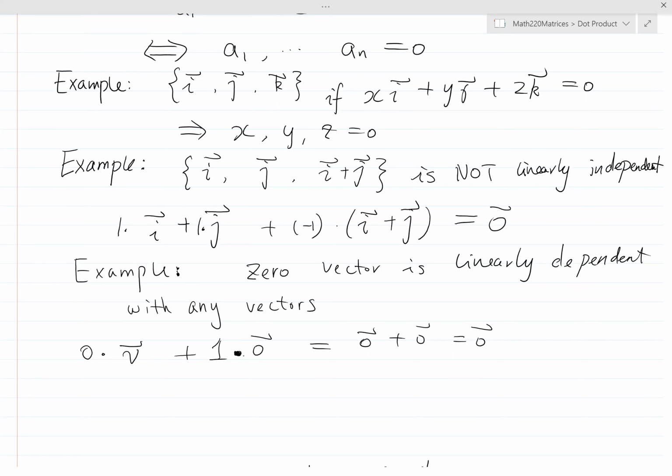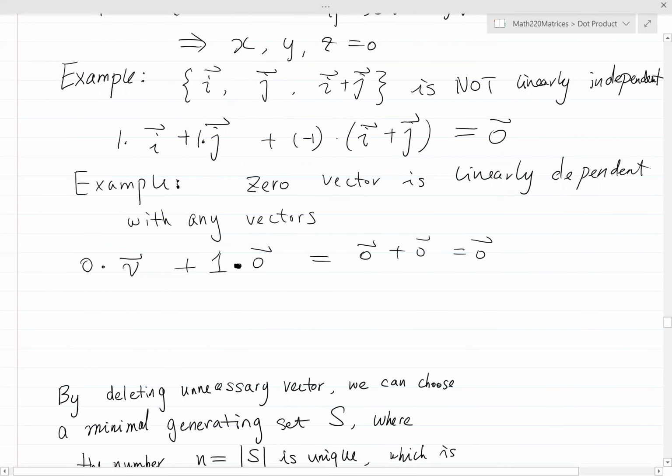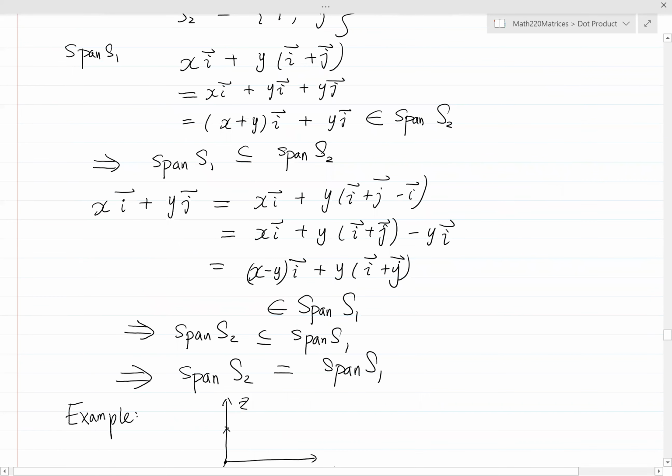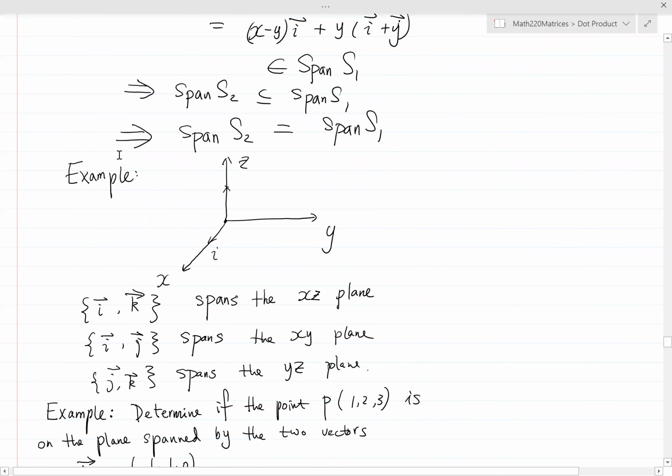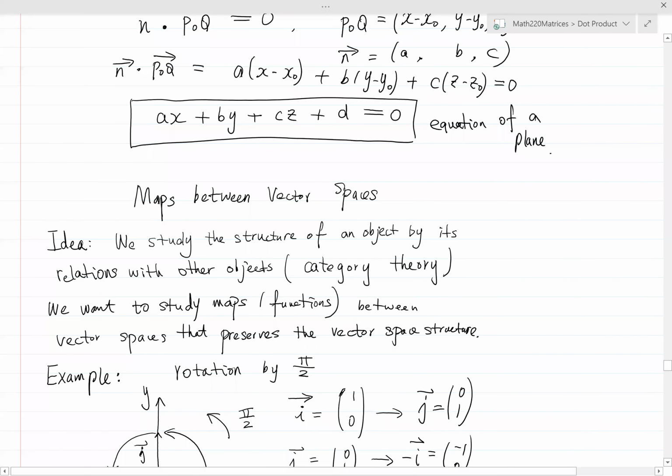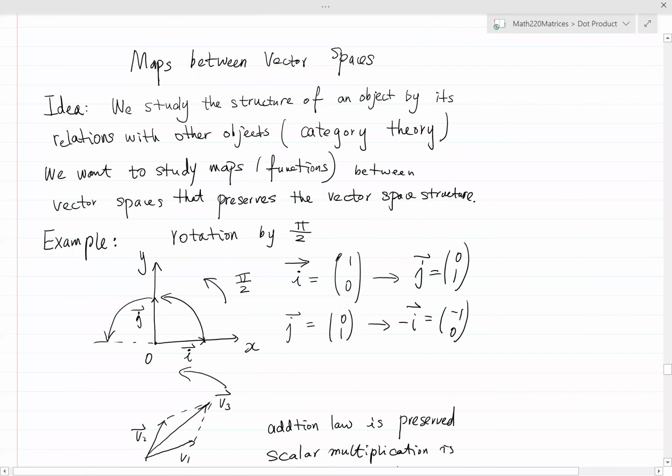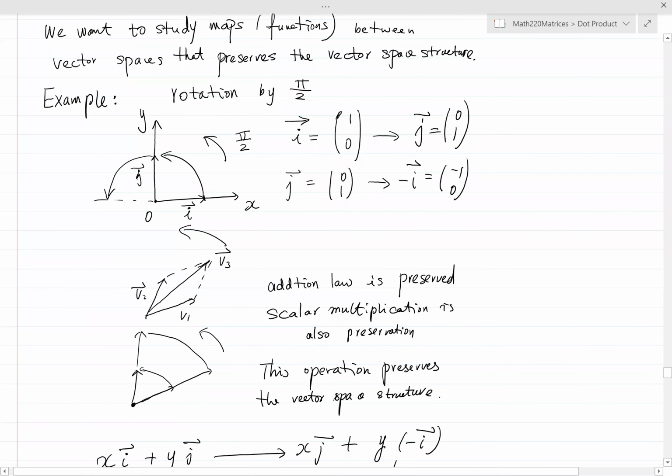Last time we also talked about composition of maps. We defined what a vector space is, and the next thing is to study maps between these vector spaces, for instance the rotation by pi over 2.